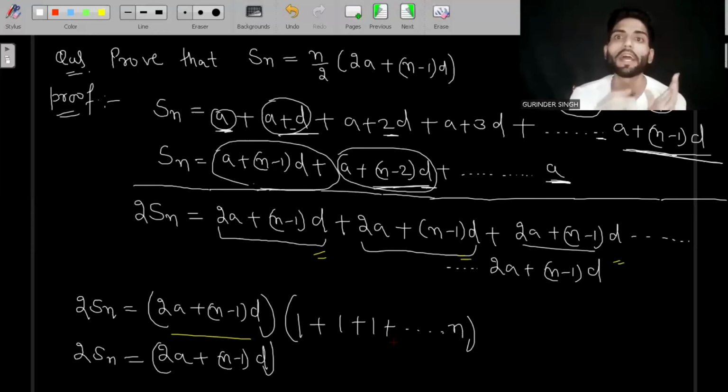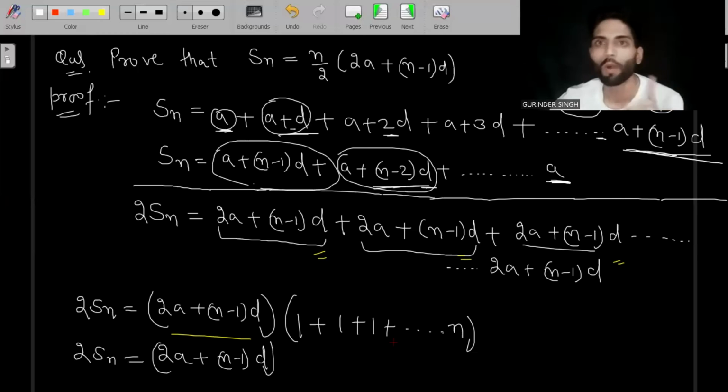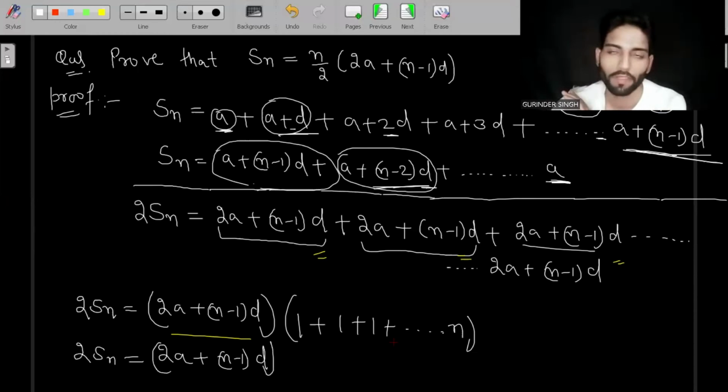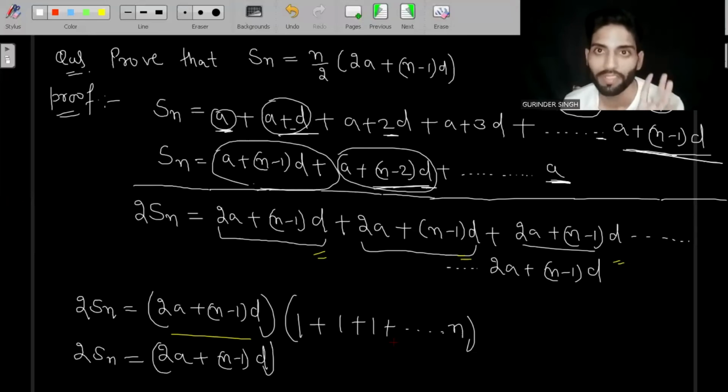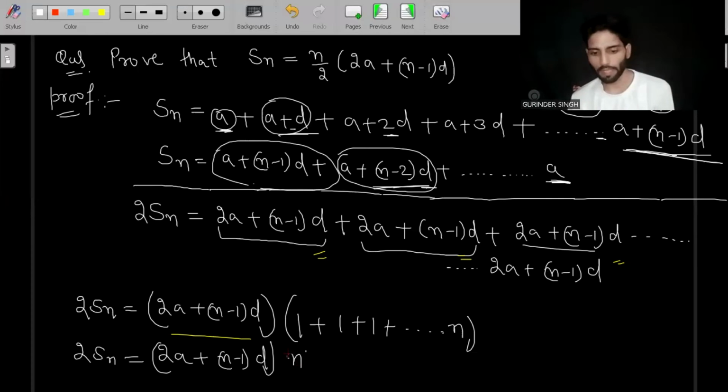If you add 1 five times, 1 plus 1 plus 1 plus 1 plus 1, what will you get? 5. If you add 1 ten times, you get 10. If you add 1 twenty times, you get 20. Similarly, if you add 1 n times, you will definitely get n. So it is n. Remember this.